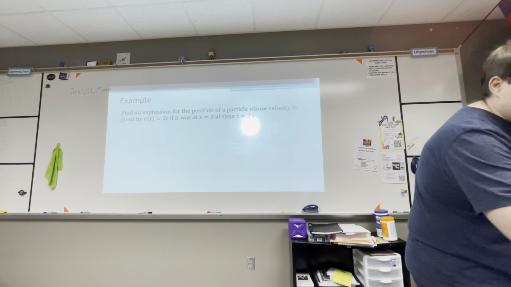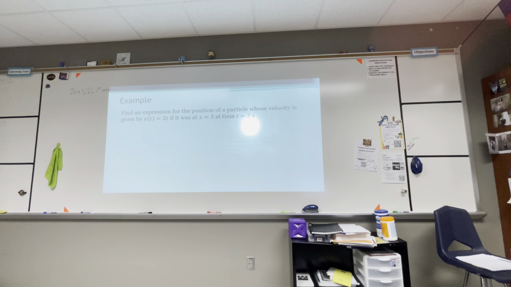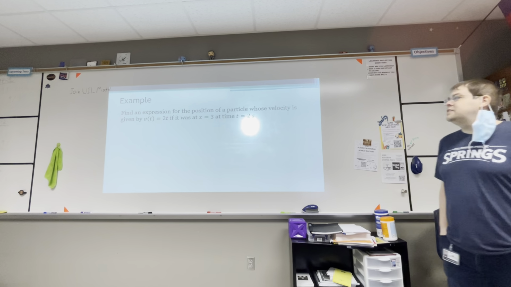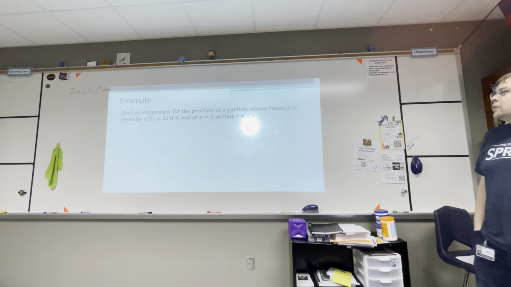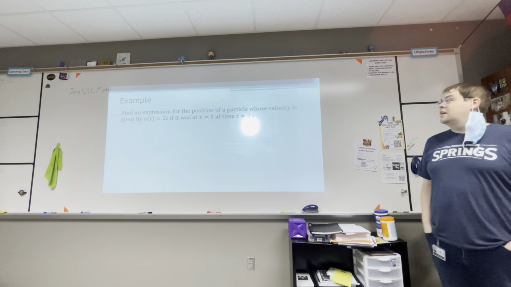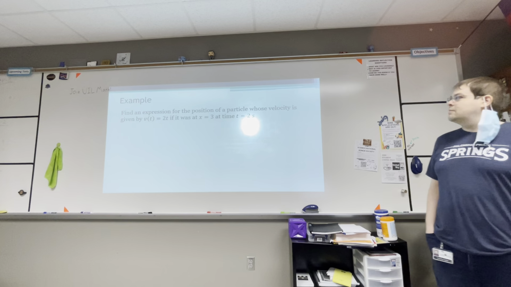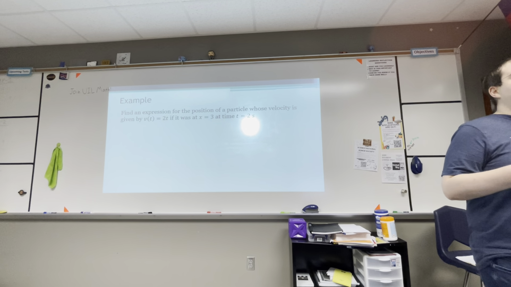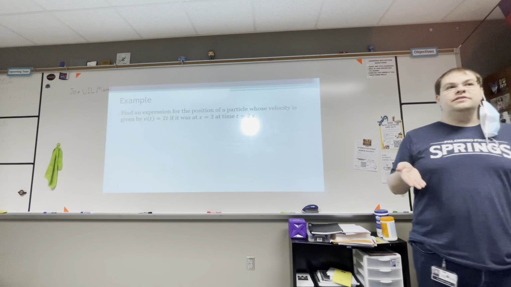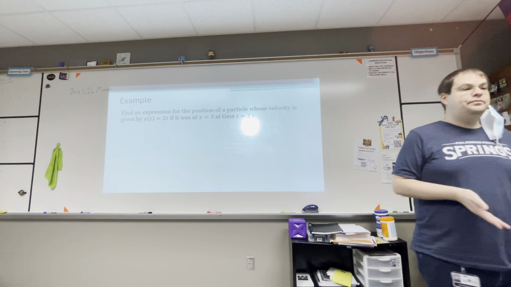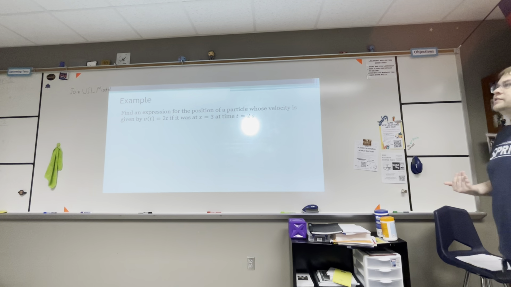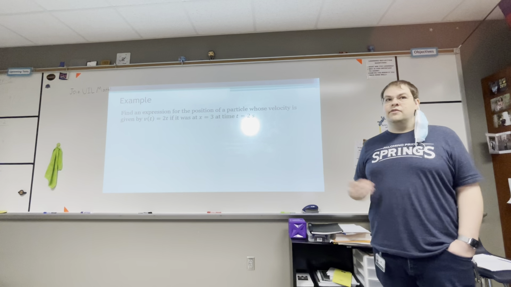So here's an example. Find an expression for the position of a particle whose velocity is given by v(t) equals 2t, if it was at x equals 3 at a time of 2 seconds. So we know where it is at 2 seconds, but we want to find the position function when we're given just the velocity function.